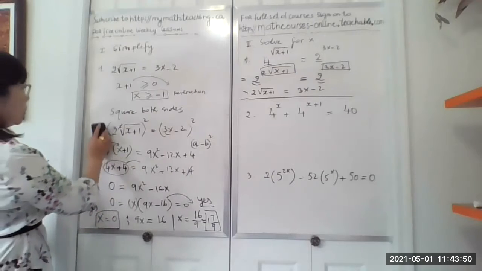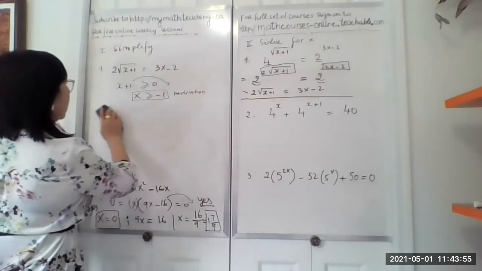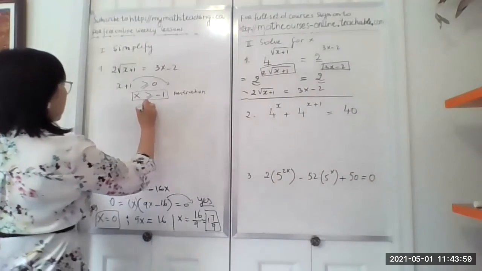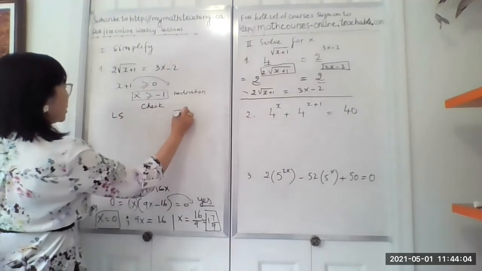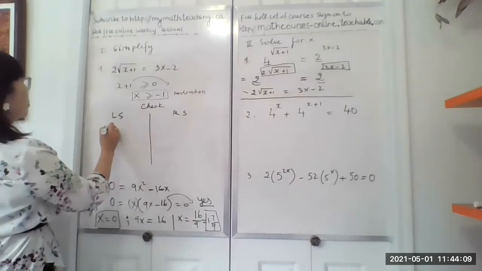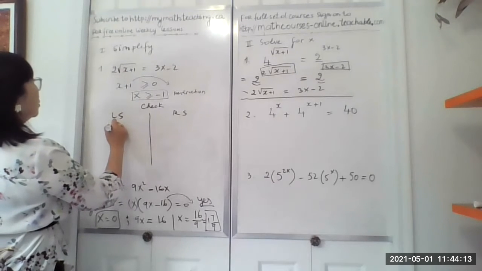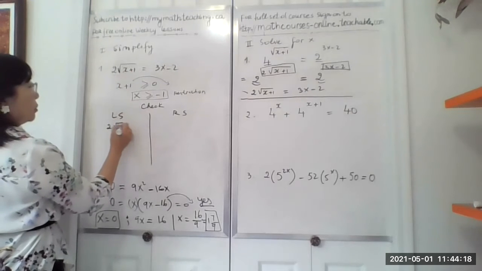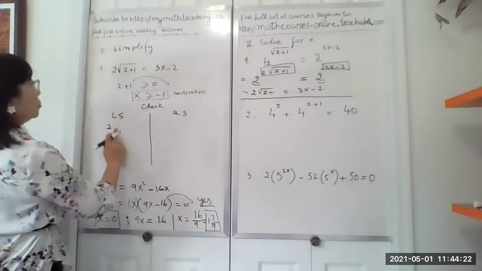So I'm going to erase some of this and continue with checking. I'm going to check if the left side equals the right side. The first one, I will check x equals 0. If x equals 0, I have 2 times the square root of 0 plus 1, so it's just 1, and 2 times 1 is just 2.